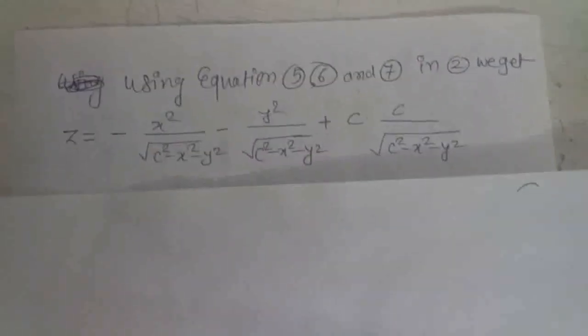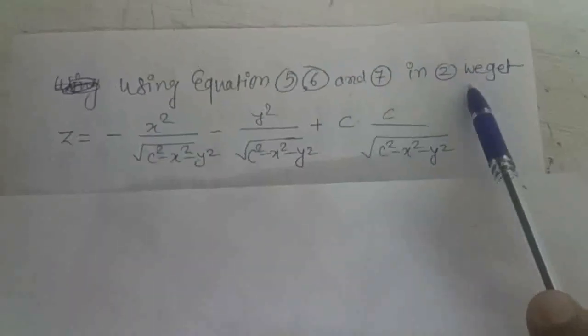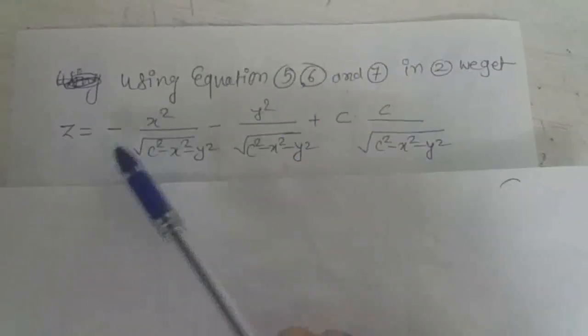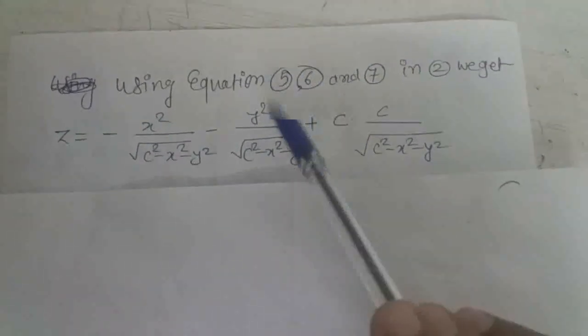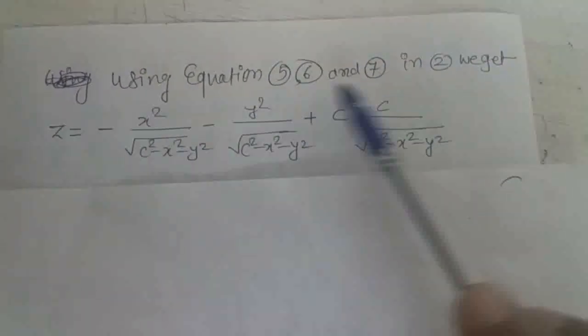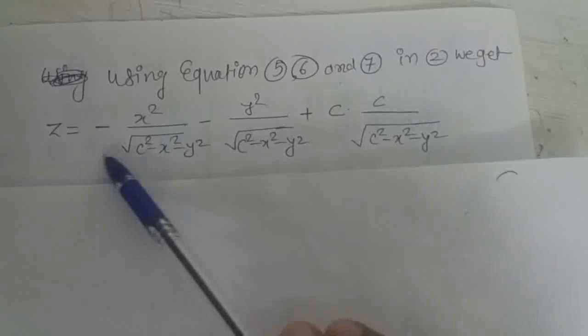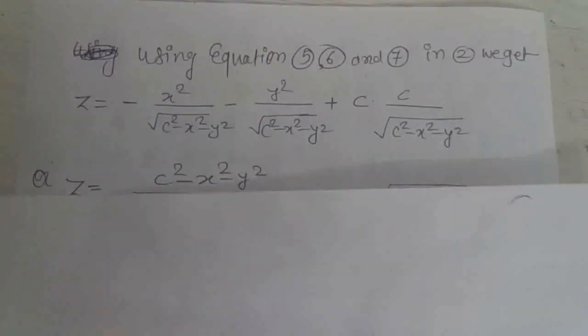So using equations 5, 6 and 7 in second, that is putting the value of A and B and the expression square root of 1 plus A square plus B square in equation 2, we get this relation.